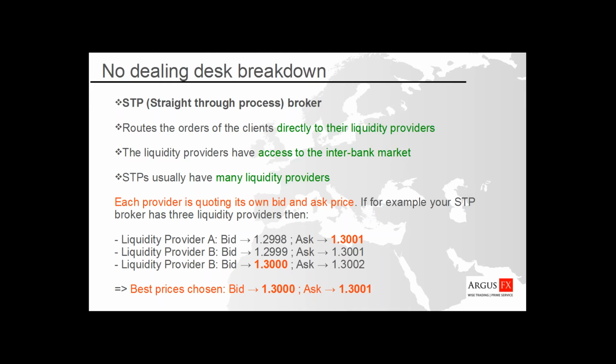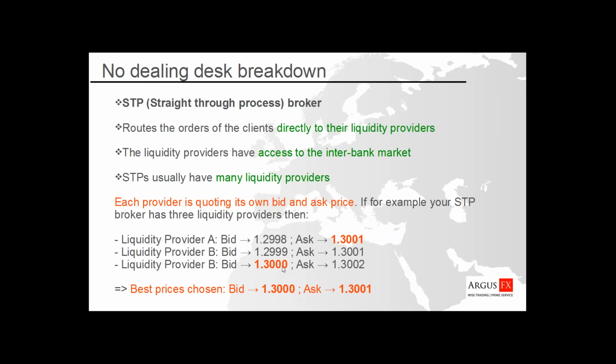So at the end of the day, what happens? The best prices are chosen to be shown on your trading platform. So in this case, we have 3 liquidity providers. Liquidity provider A gives the best ask price, 1.3001, because 1.3002 is the worst asking price. Whereas liquidity provider C gives the best bidding price, 1.3000.